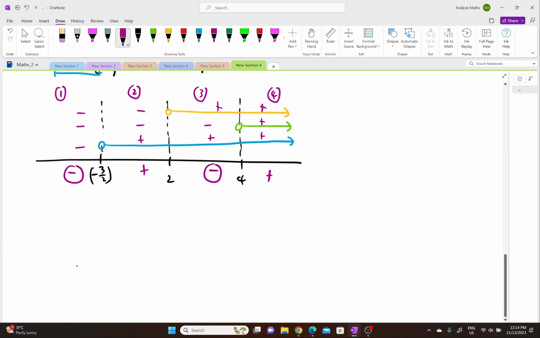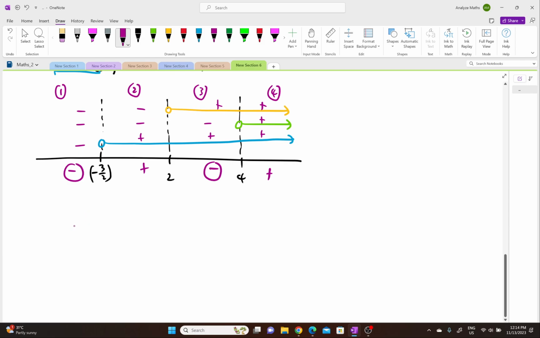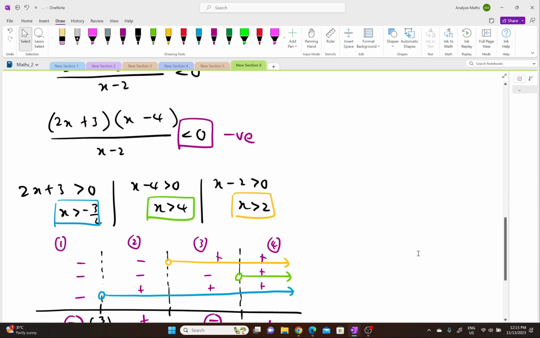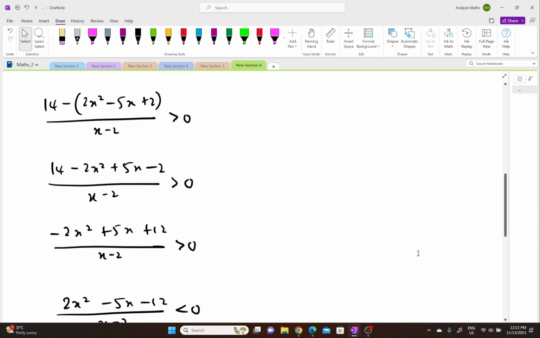So here we will write x in between 2 and 4. That is the answer.